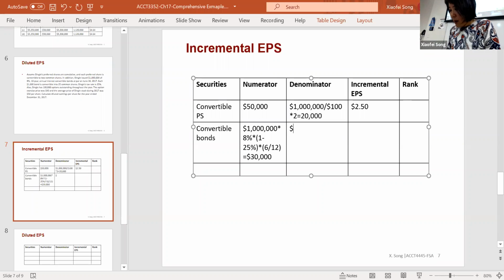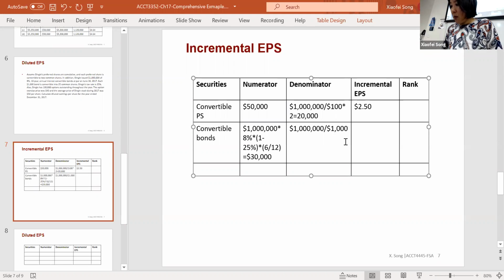We have $1 million divided by the par value of 1,000, so 1,000 bonds, and each is convertible into 25 common shares.